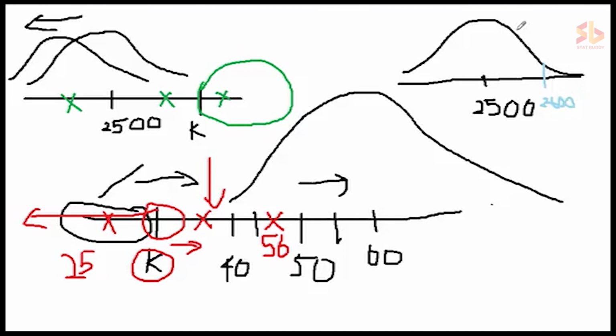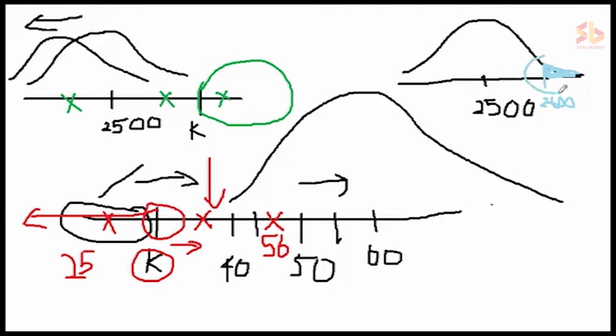Now, using the information of this distribution, we can calculate the probability of getting a value greater than 2600. So this is the level of rejection or the probability of rejection.